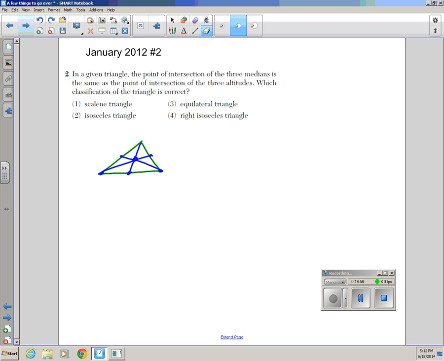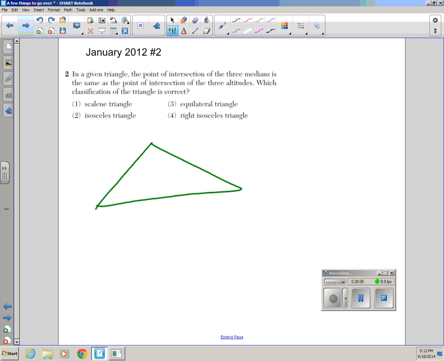And actually, I'm going to do this again because I want to make this triangle a little bigger. So here's my scalene triangle. Here's my midpoint to vertex, midpoint to vertex, midpoint to vertex. There's my centroid. Okay? Now the intersection of the altitudes.